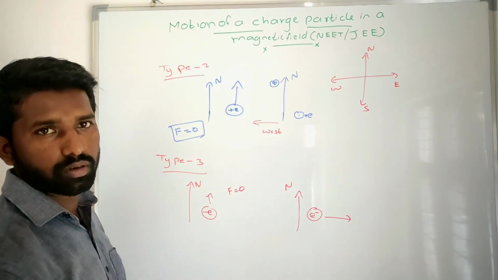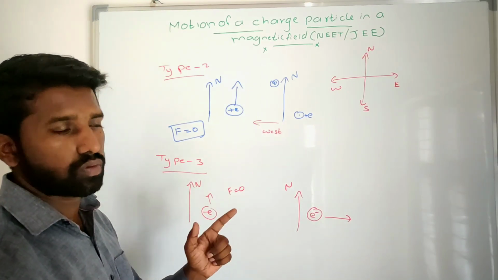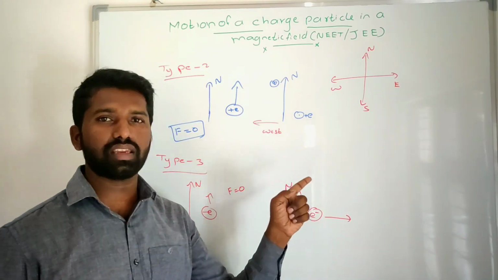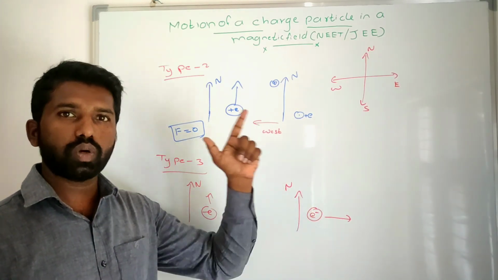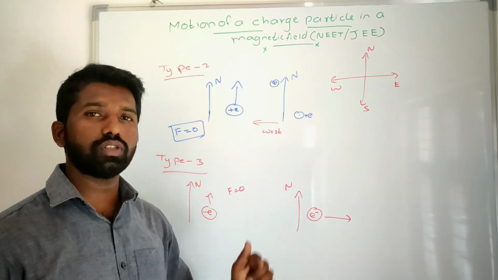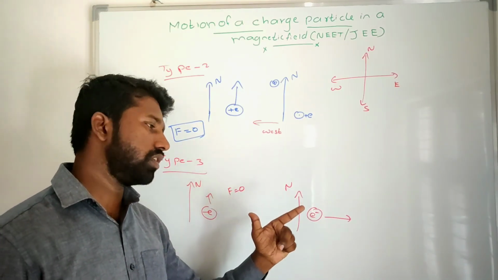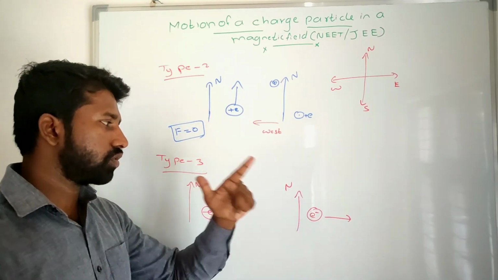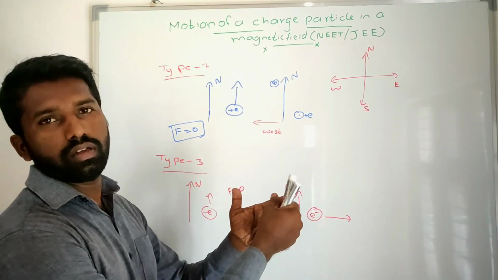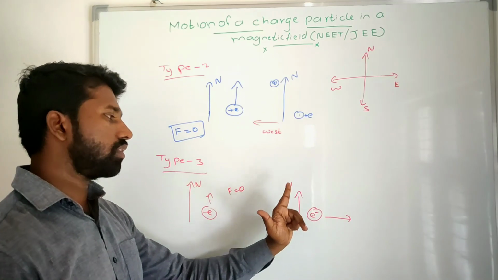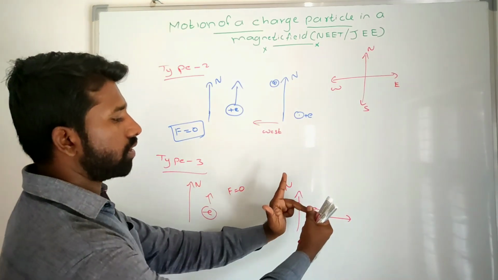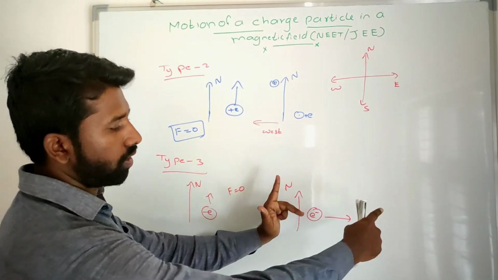The force can be found out by using Fleming's left hand rule. Please remember, this is a negative charge. So first I consider this as a positive charge and find the direction, and finally I will change the direction. I place my forefinger in the direction of the magnetic field, and this finger in the direction of velocity.